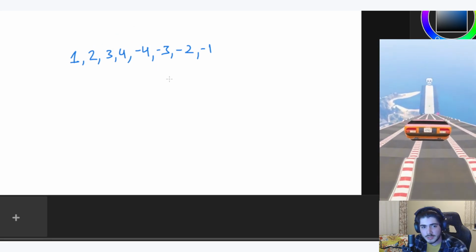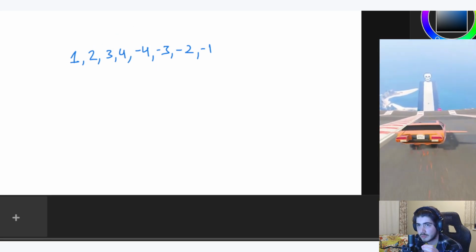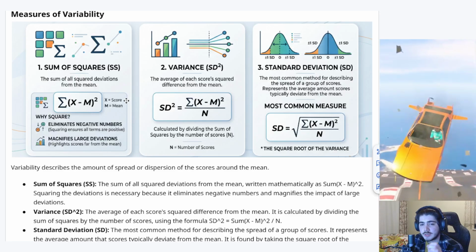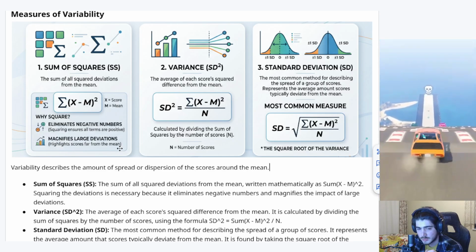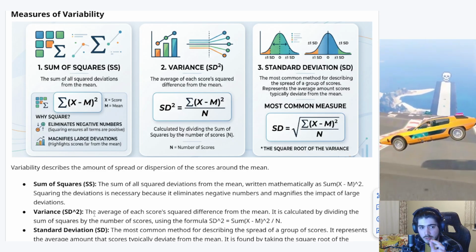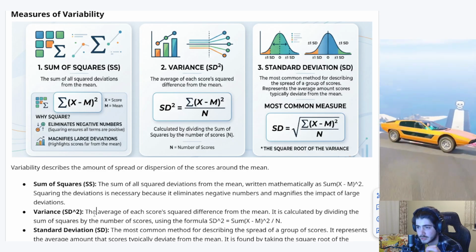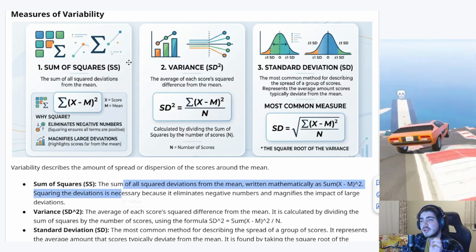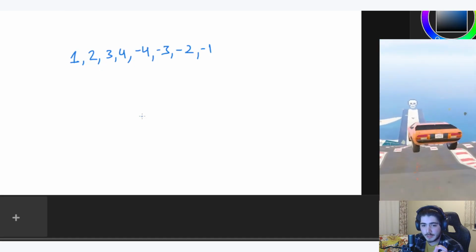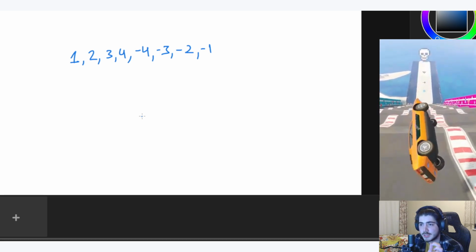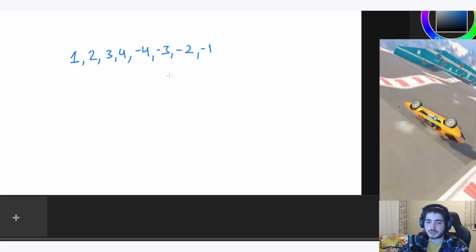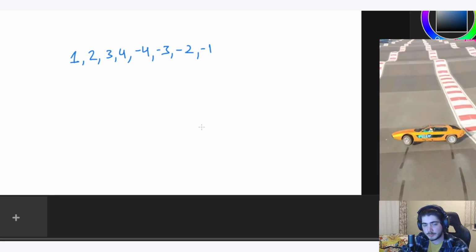So the reason we take the square of all of those is to get rid of this issue. It eliminates negative numbers, and it ensures that all of the terms are positive. And another side effect of the squaring function is that it boosts numbers that are further from the average.